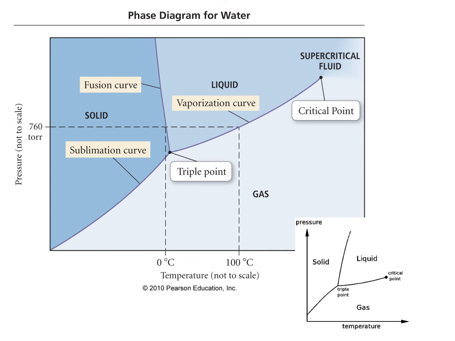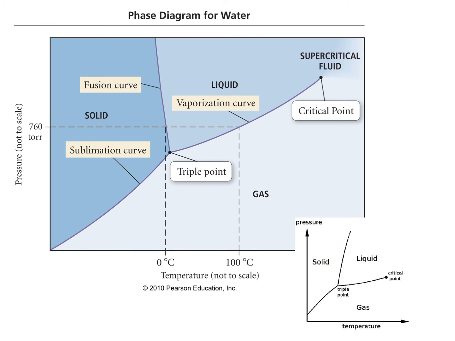Okay, so one thing I wanted to point out was specifically looking at the phase diagram for water. And specifically, I'm interested in the fusion curve, right? So the boundary between the solid phase and the liquid phase. This is a typical phase diagram that would apply for most substances.